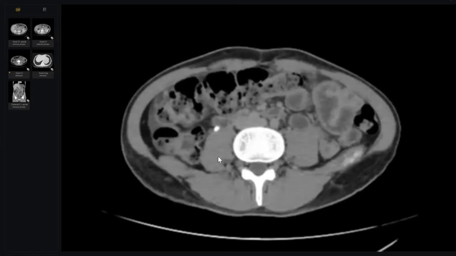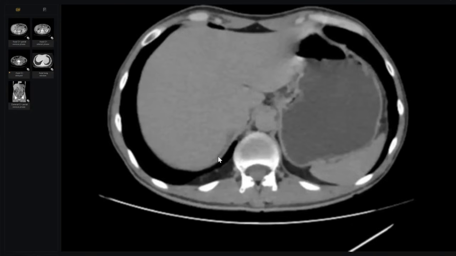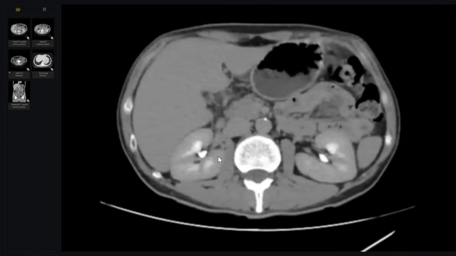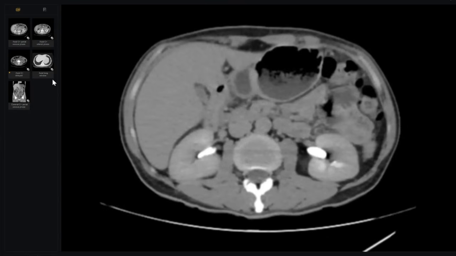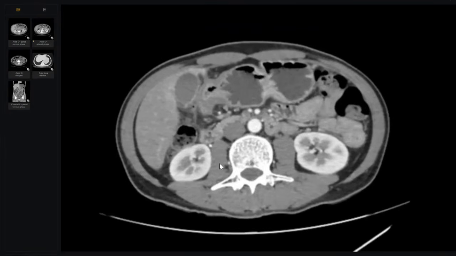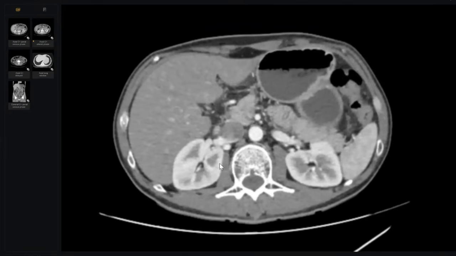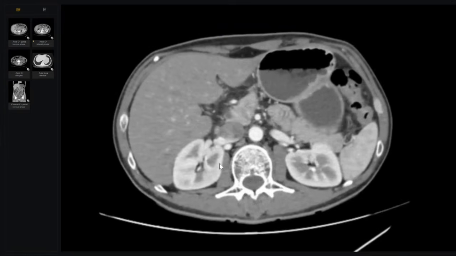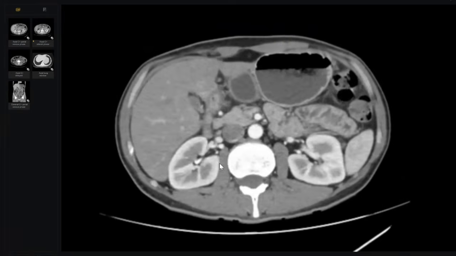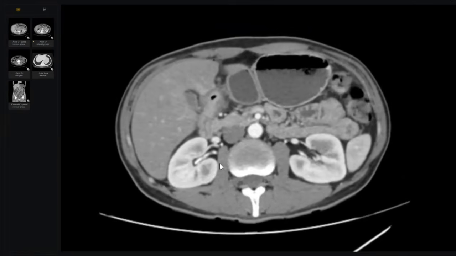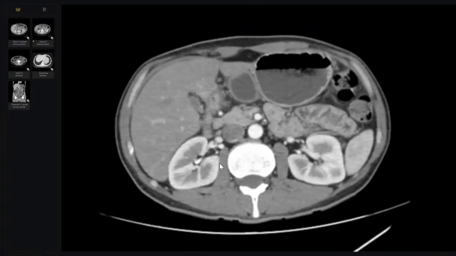This is the delayed phase. And this is the arterial phase. What's your diagnosis for the liver lesion? Can I check again? It is only seen in the venous phase.